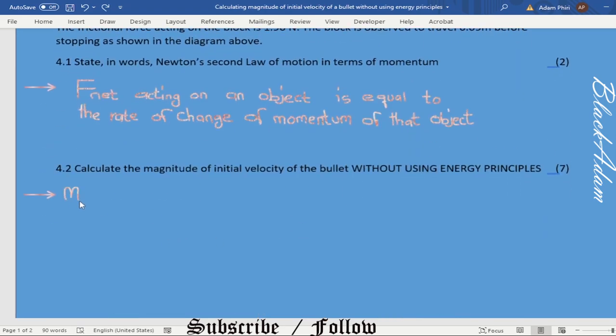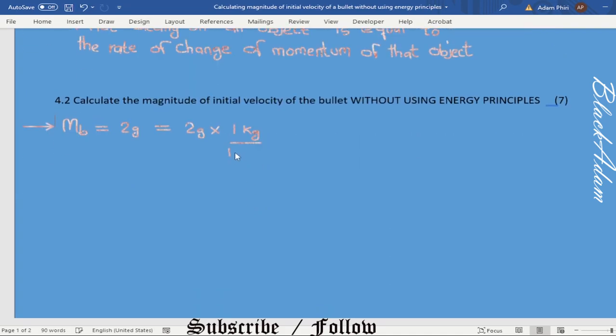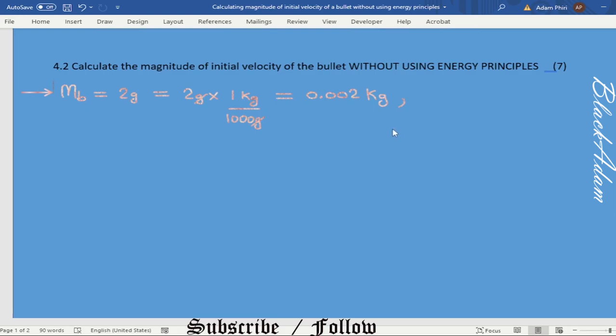The mass of the bullet is 2 gram, so we convert grams to SI units by multiplying by 1 kg over 1000 grams. 1 kg and 1000 gram mean the same thing, so we're multiplying by 1, not changing anything, just changing the unit. 2 divided by 1000 gives us 0.002 kg. That's the mass of the bullet.